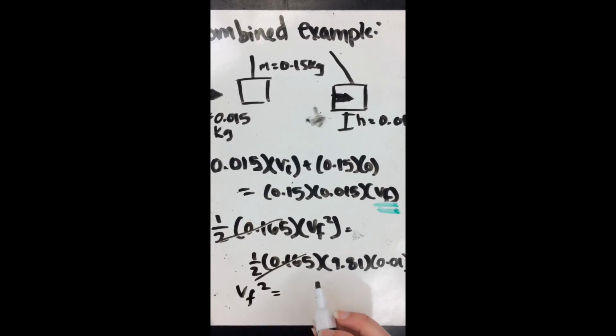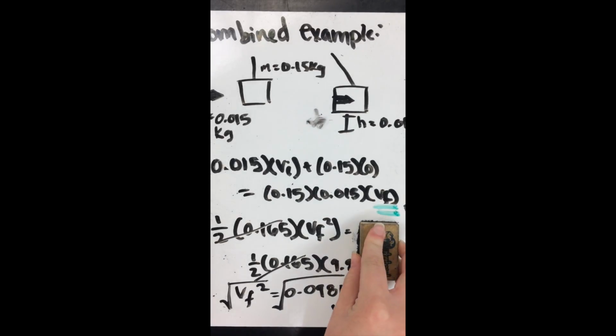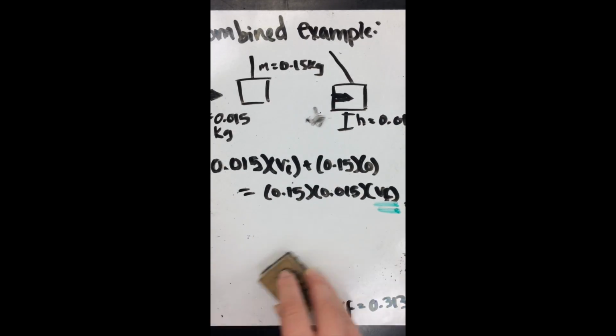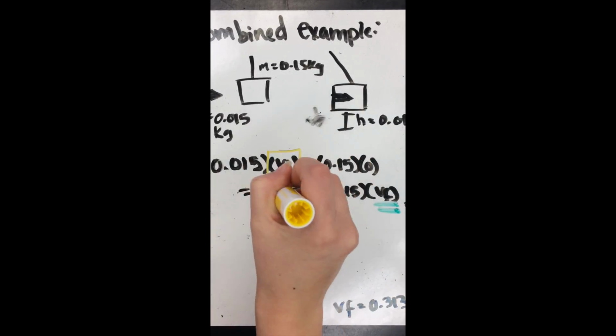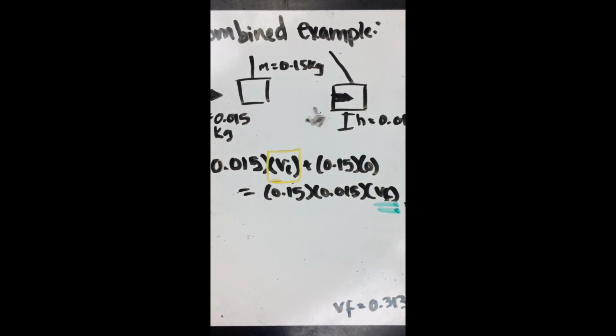When we solve this equation, we get Vf is equal to 0.313 meters per second. Now that we have found Vf, we can plug it in and solve for Vi in the conservation of momentum equation.